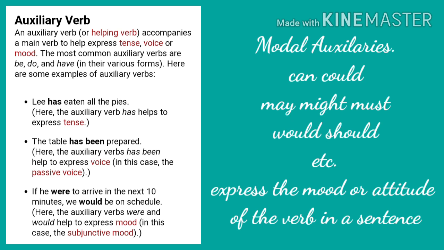Has been is used as the helping verb, and we can assume that this sentence is in the passive voice. In the third sentence, we can see were and would are used to express the mood. That means, in the beginning of this auxiliary verb, we mentioned that helping verb helps to express tense, voice, or mood. These three examples you can note for getting an idea of auxiliary verbs.